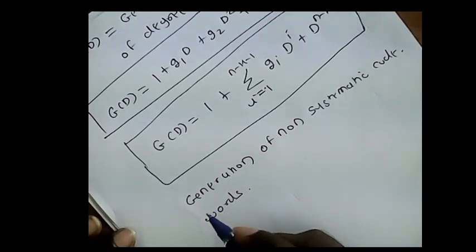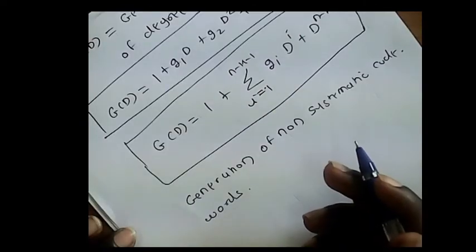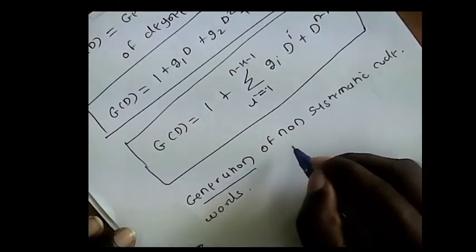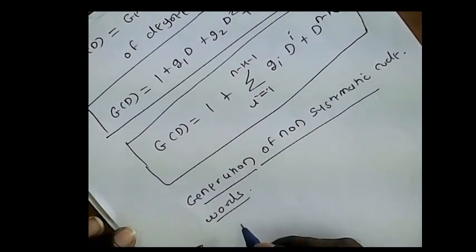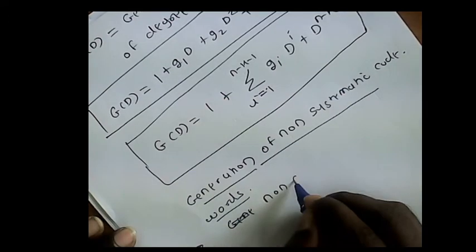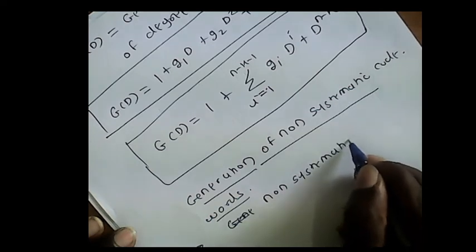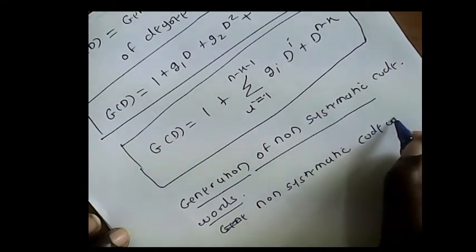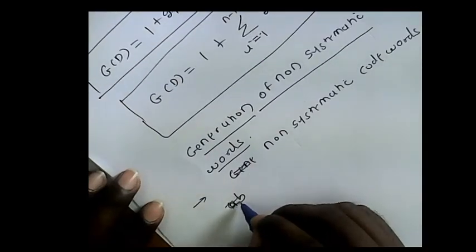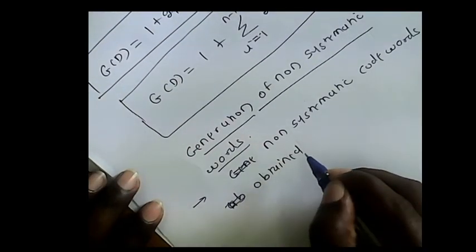The non-systematic code words can be obtained by multiplying the message polynomial with the generator polynomial as follows.